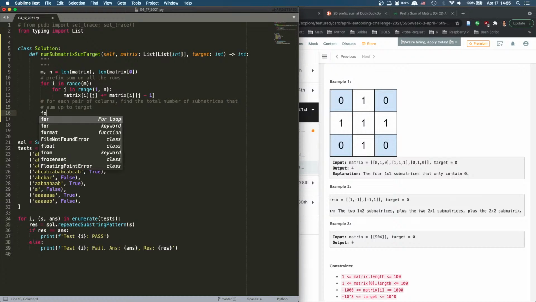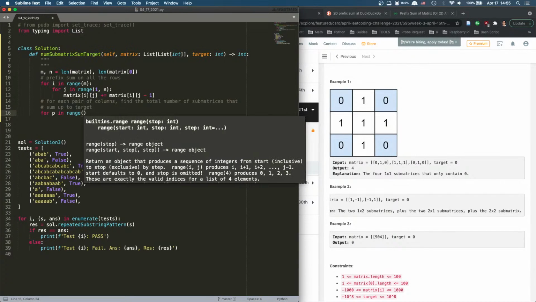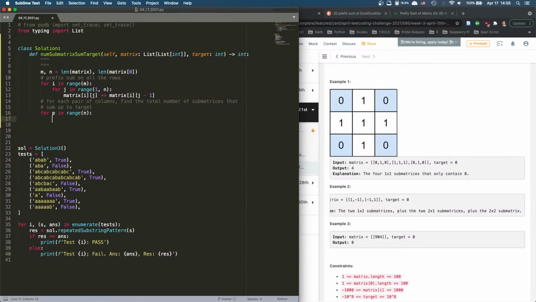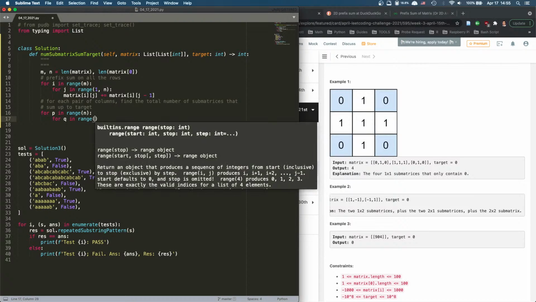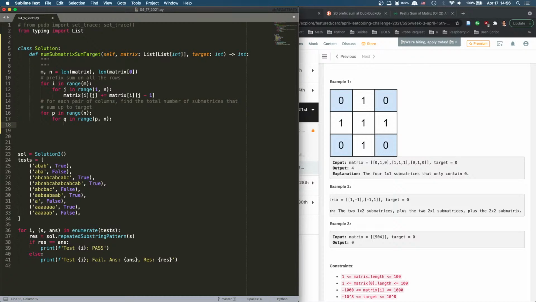So it would be for P in range n, right? And then for Q in range, it's gonna be from P to n, right? So we have that. So P, Q is the index for this.